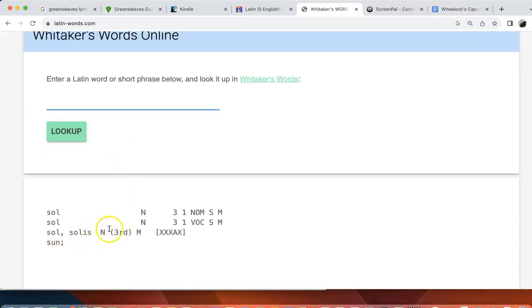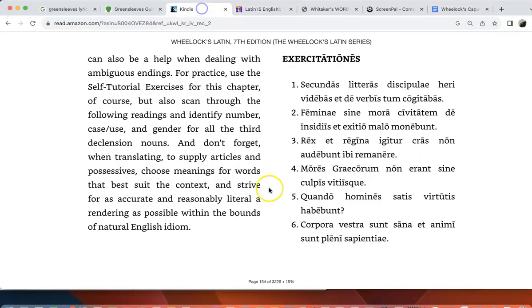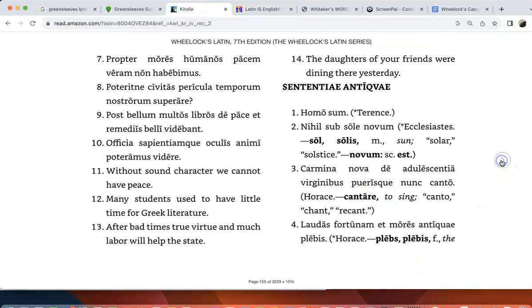So the third means third. So here's Whitaker's Words, a good tool. So we go back now, because it's third declension, what is third declension ablative singular? Well, that is the letter E. So when we have under the sun, sub sole, that is because we need to use the third declension ablative singular ending. And so we put it all together, nothing new, nihil novum, under the sun. In fact, they give us the vocab right here.